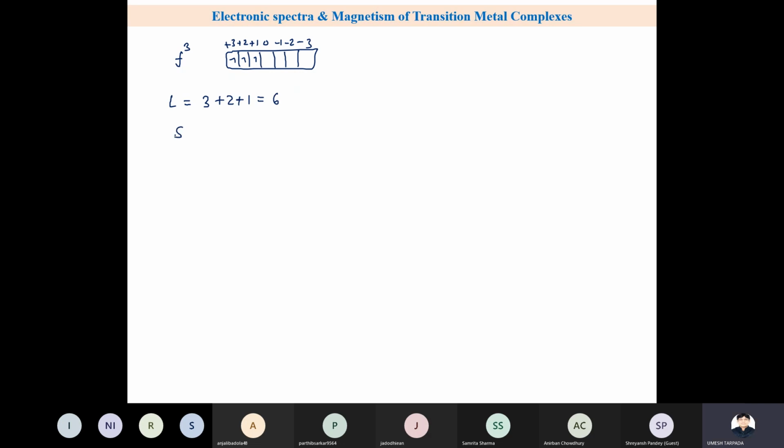What is the S value? 3 by 2. So see, here L is greater than S. So therefore the possible J values are 2S plus 1, so 4 values are possible. Which are these 4 values?